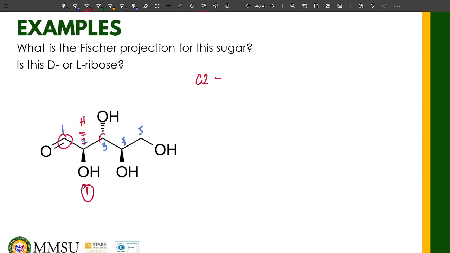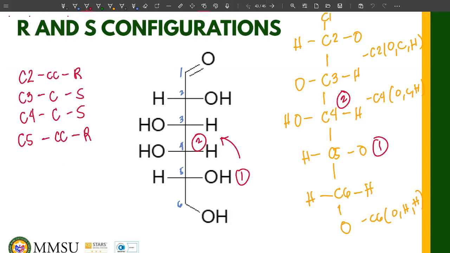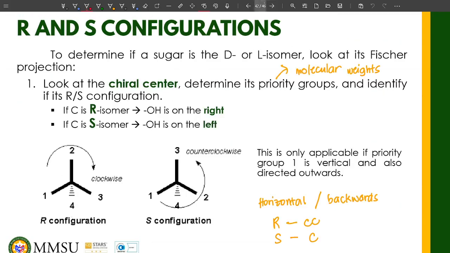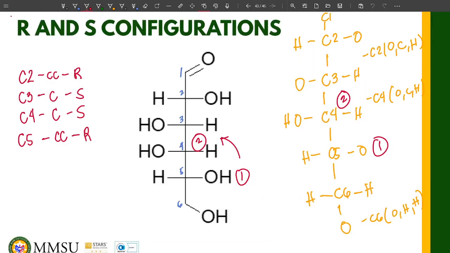Then this is carbon, carbon, but this one has a double bond, C, single bond O. So automatically, this is your second priority. And the direction is clockwise, so that is R. Here, R, clockwise, facing forward.